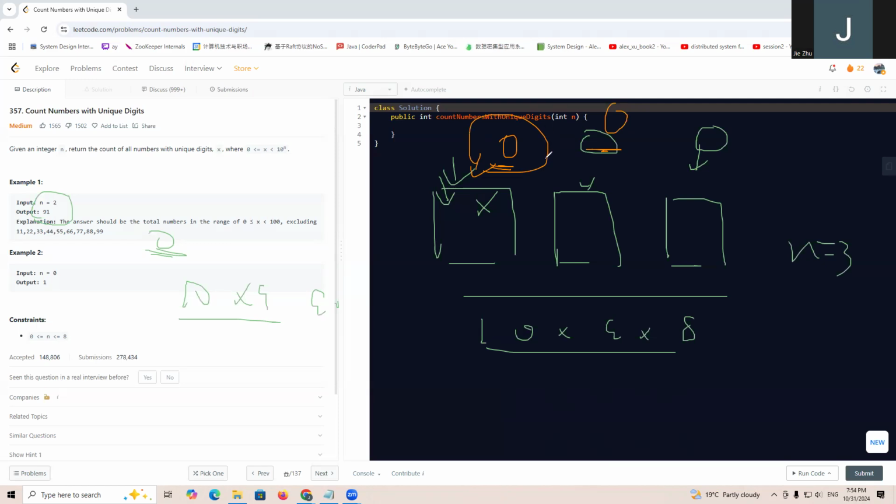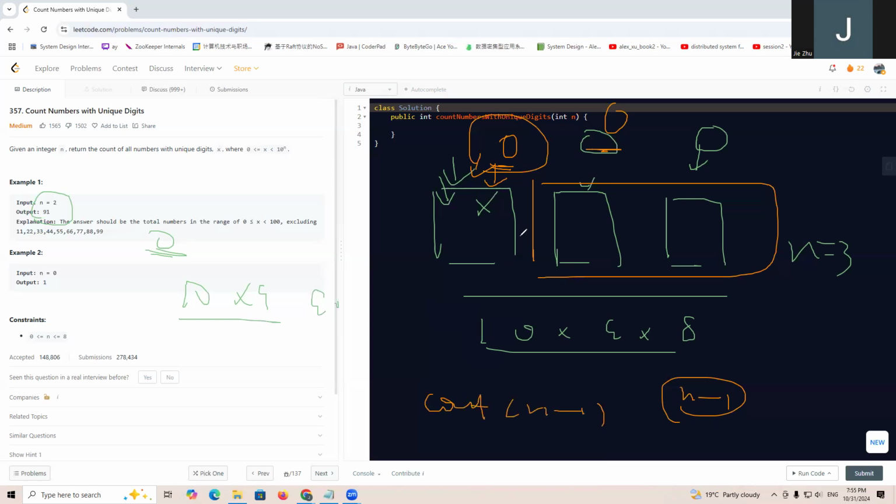So if the first element is 0, how many numbers with unique digits are there for length n minus 1? That is actually the count for n minus 1.